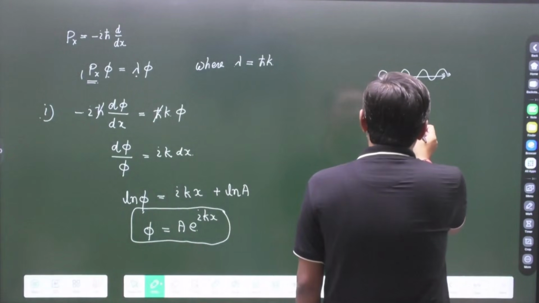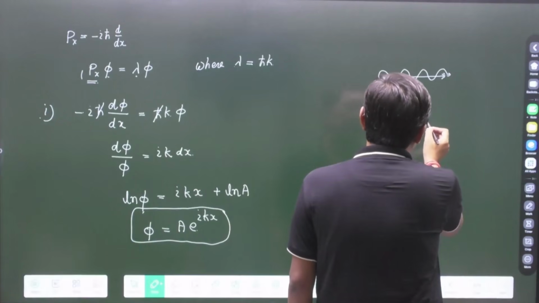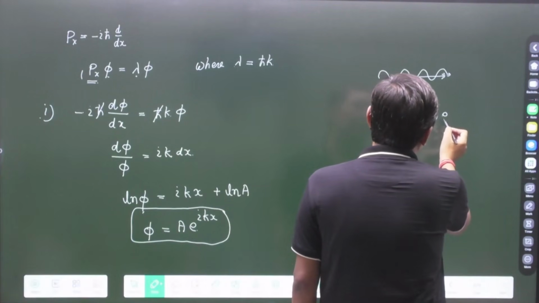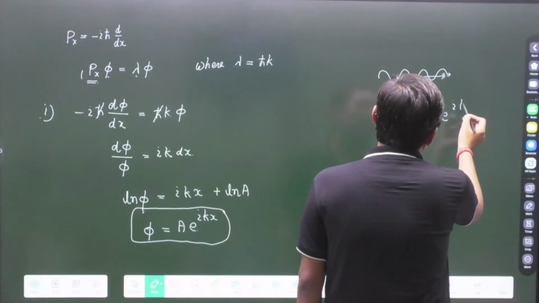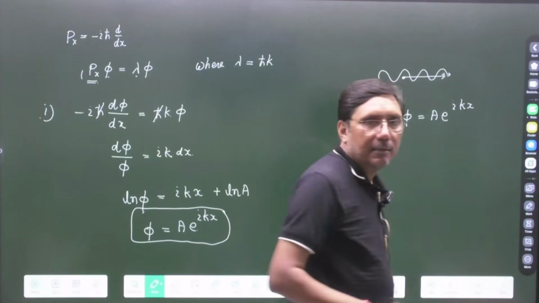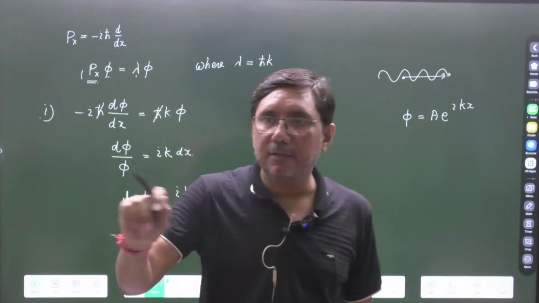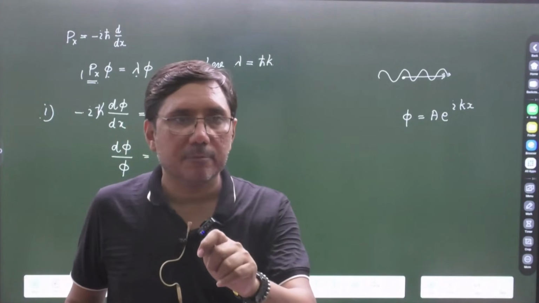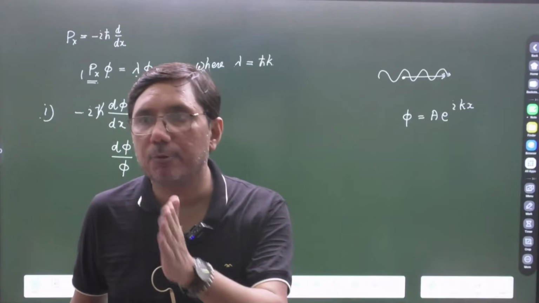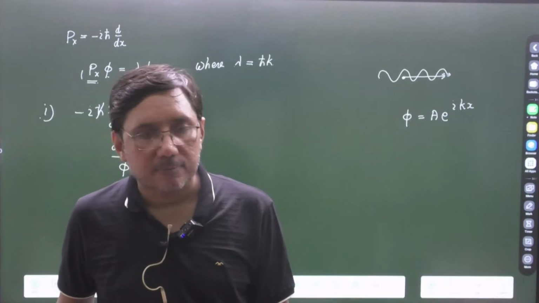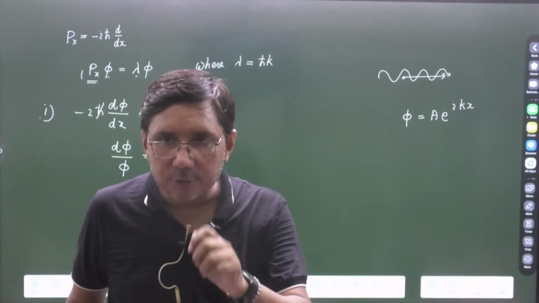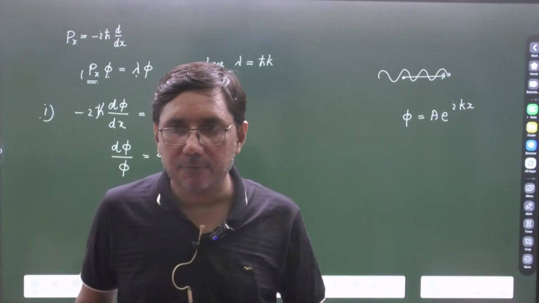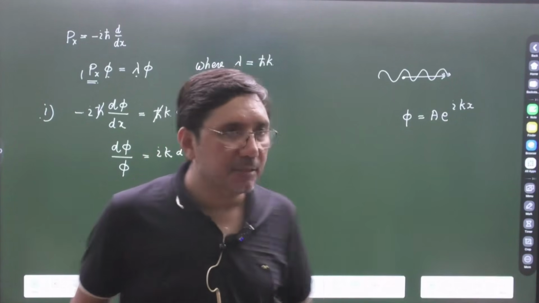This is phi, we are writing a e to the power iota kx. If this is representing the part of the wave that is propagating in plus x direction, then the momentum associated with it should be positive. How will you measure momentum?